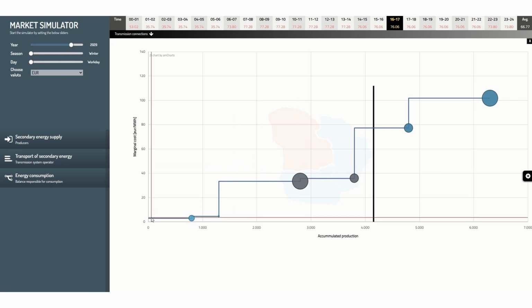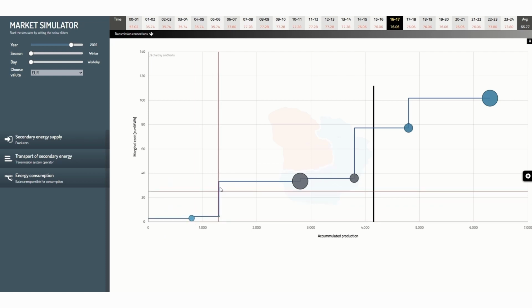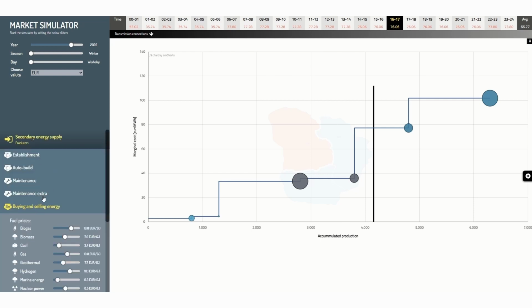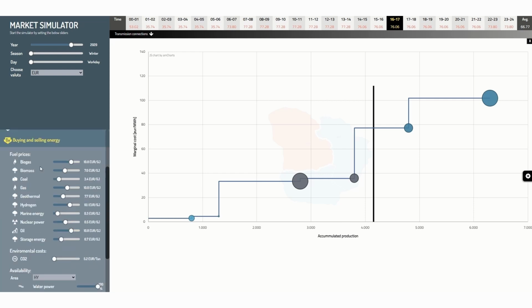If I want to change the supply curve, I have to go here and say I'm a producer. When I'm a producer and I'm going to bid on the market, I have to define the price of the fuel I use.